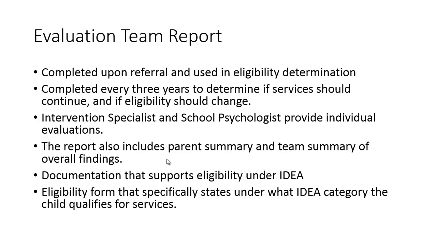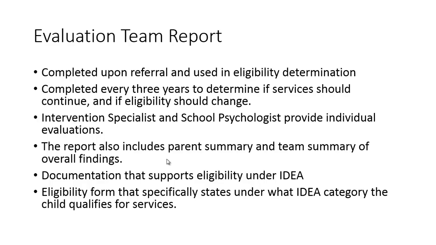Using this, then, they will compile another section of this report that is really documentation that supports eligibility. So under IDEA, we have 13 categories that a student can qualify for services. And this documentation of a disability form really is talking about, based on the assessment data, we feel that the student qualifies for special education and under which category: specific learning disability, cognitive impairment, other health impairment.